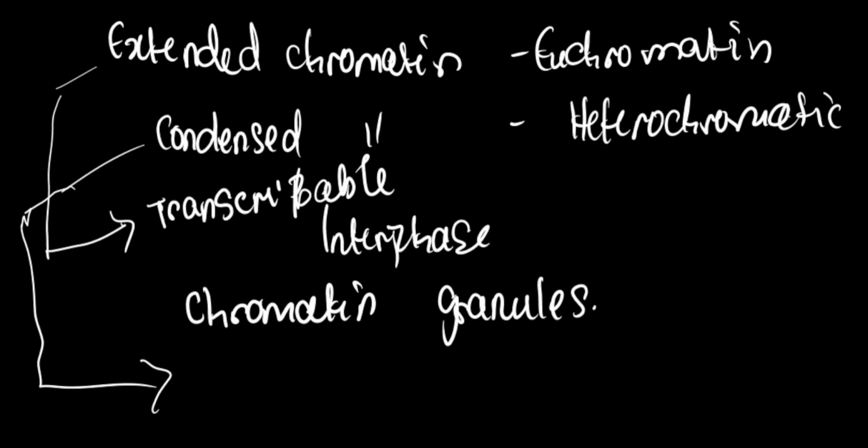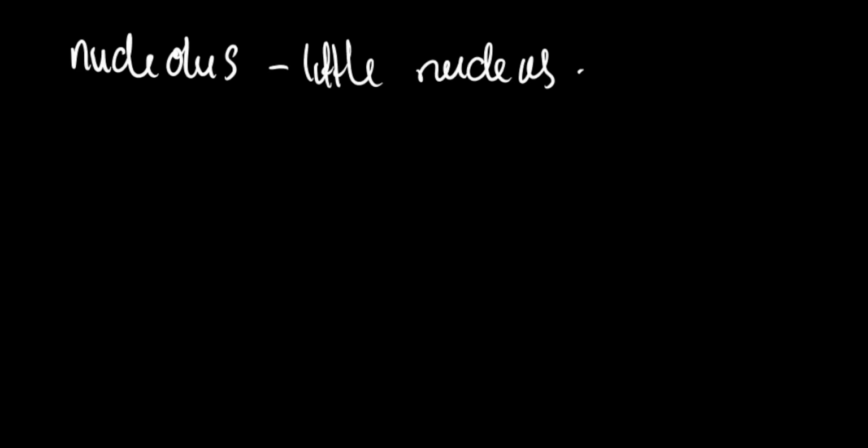Okay, so we would of course get to see all of this in detail as we go on. Now let's take a look at the nucleolus. Okay, so we have the nucleolus, which we earlier stated simply means little nucleus. Now this is very interesting, and it's important for us to take note of this, that the nucleolus is not membrane bound.